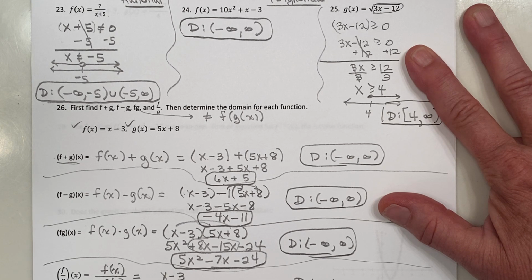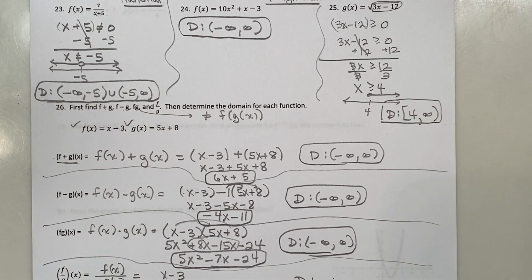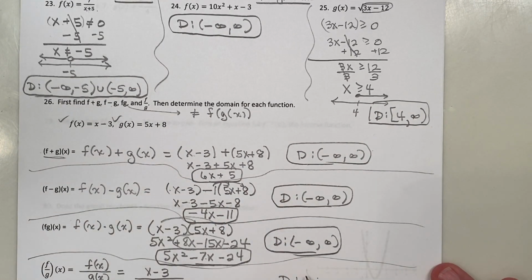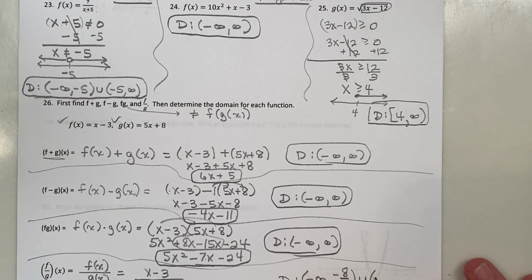Parentheses aren't necessary, so let's subtract the 8 and divide by 5. Oh, I should put not equal. So with one restricted x value, my domain is going to exclude that. So we go negative infinity up to negative 8/5, and then start again at negative 8/5.